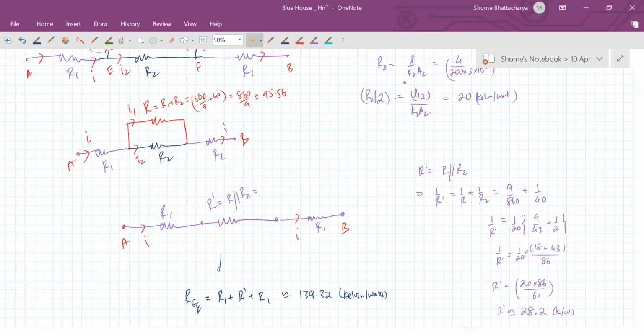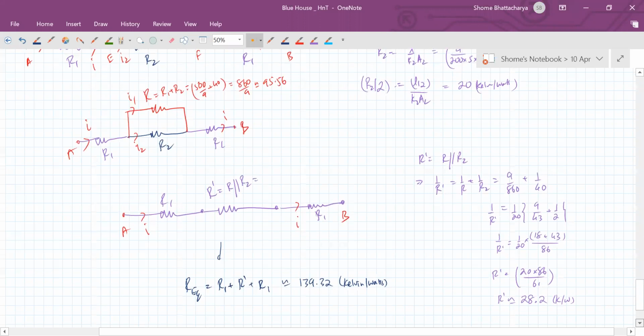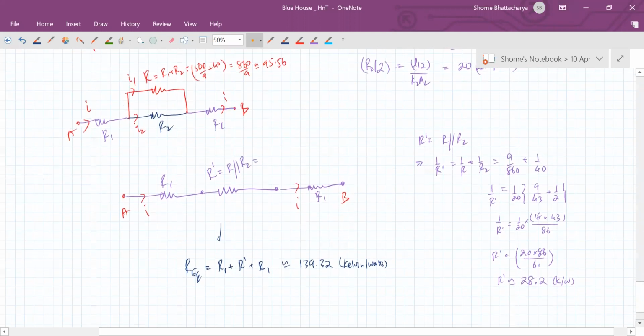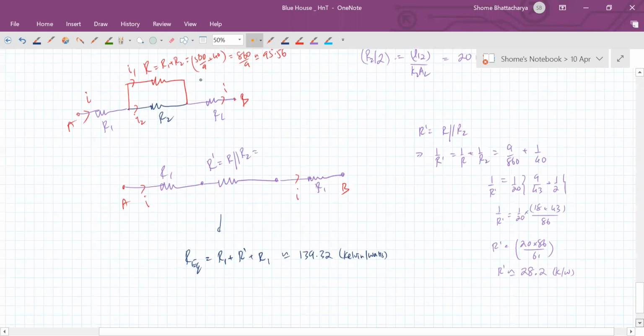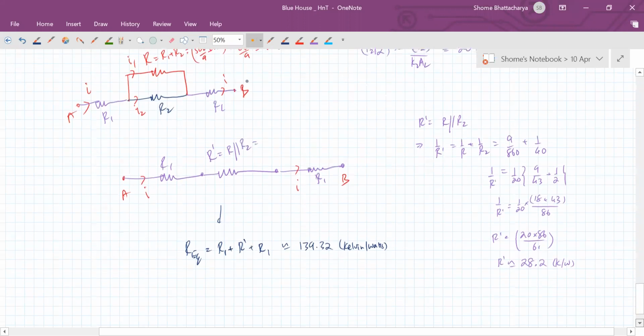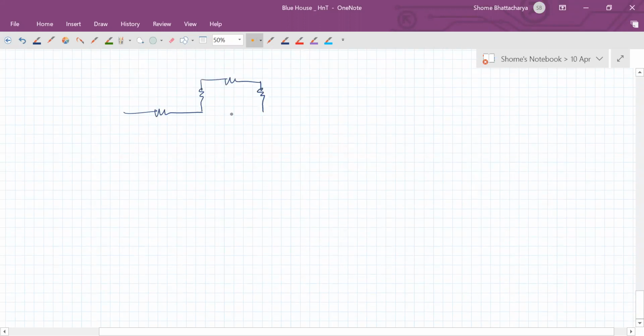No no, arre Samarth, it's like this. What is happening now in this part? See, the same current is going through these three resistors. So they are in series.